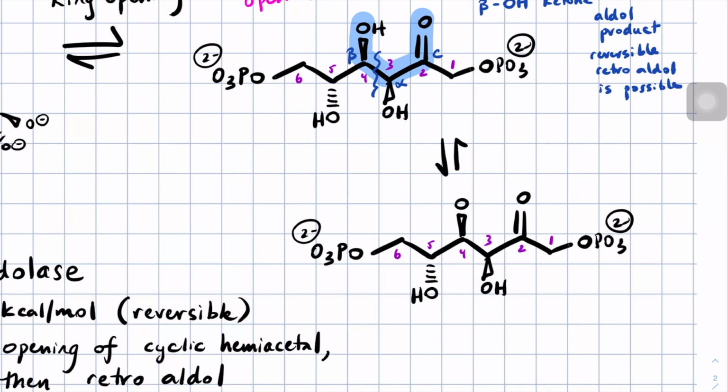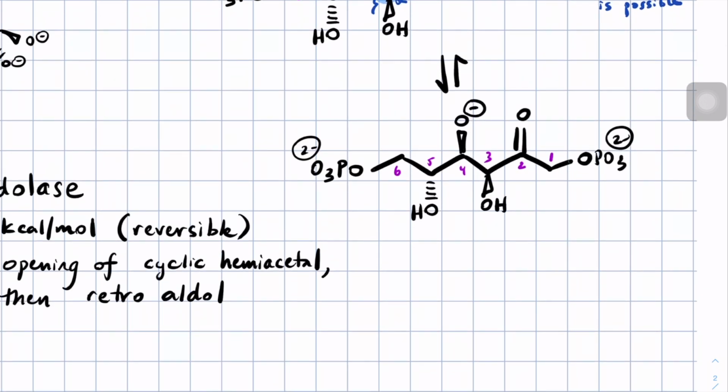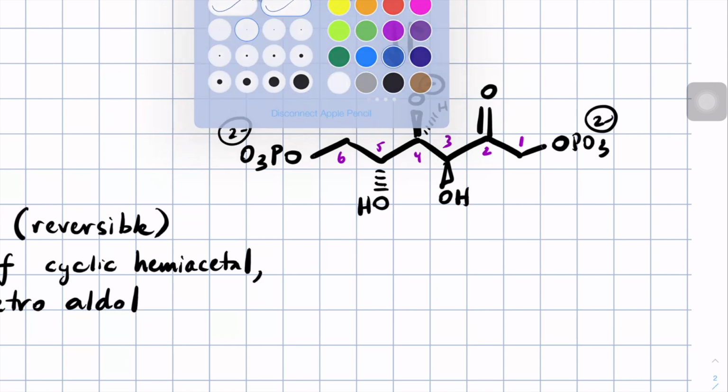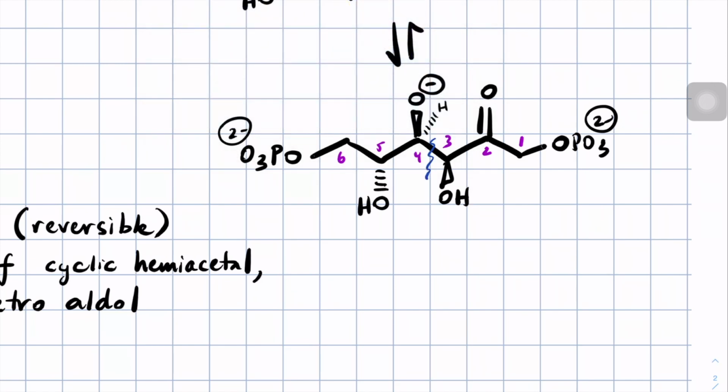Now that you've done that, hopefully you remember that immediately before we get the beta hydroxy carbonyl compound, we encounter its conjugate base with the negatively charged oxygen on the beta carbon. And this is what you get when an enolate attacks a carbonyl compound.